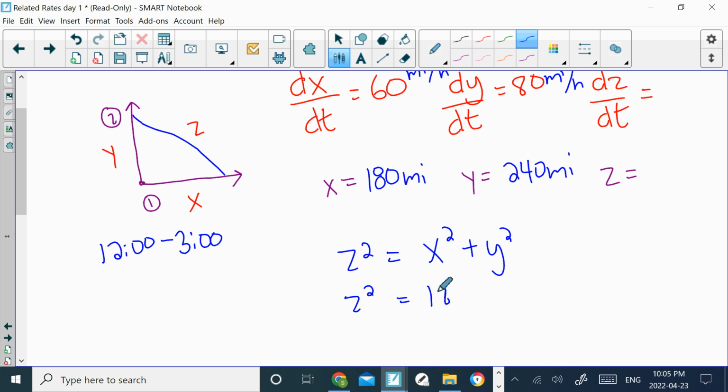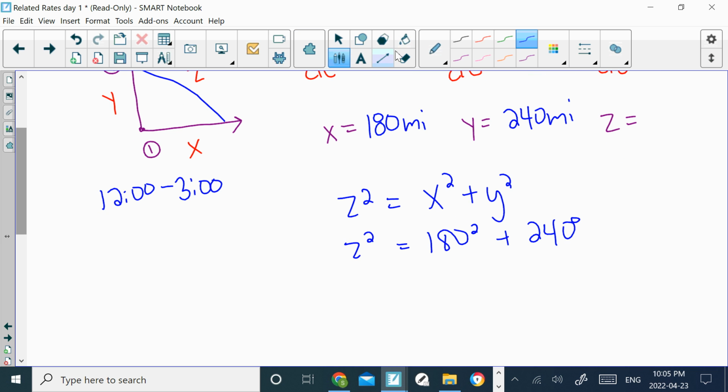So x is 180, y is 240, 180 squared is 32,400, and 240 squared is 57,600. z squared is equal to 90,000.